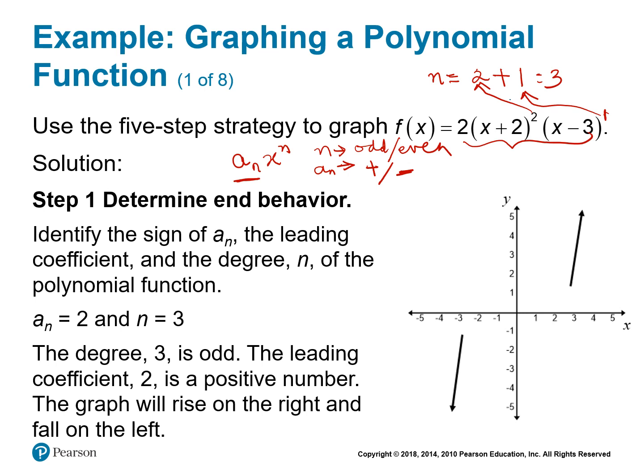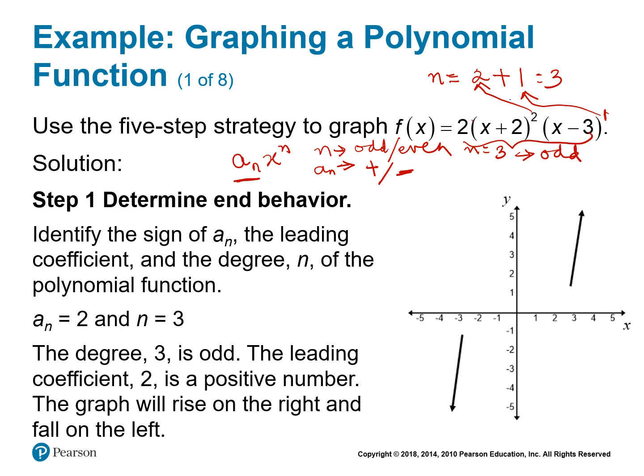So n equals 3 means n is odd. Now that we have determined that n is an odd quantity, we go to check the sign of the coefficient.